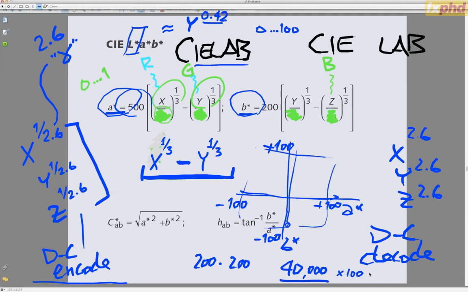Times 100, there must be about 4 million colors. And guess what? There's about 4 million colors. So there's your back of the envelope calculation that says, how many colors are there? Answer, about 4 million. Okay.